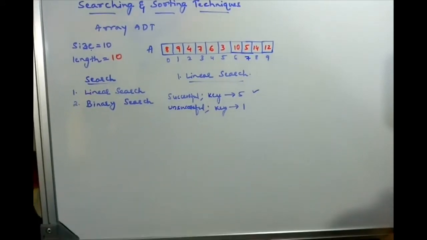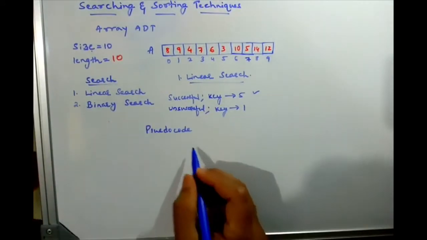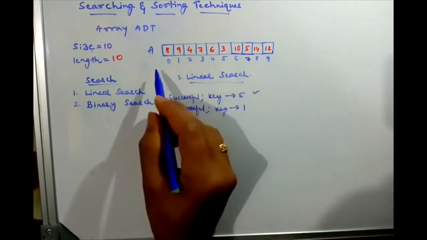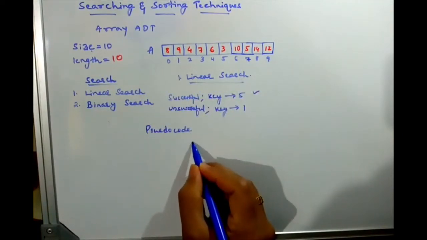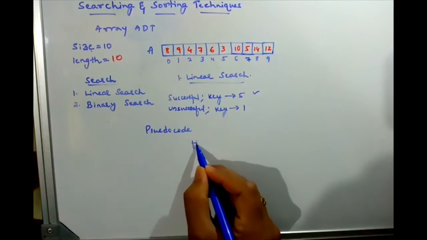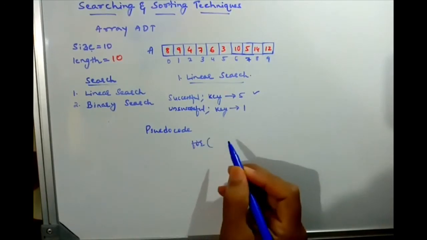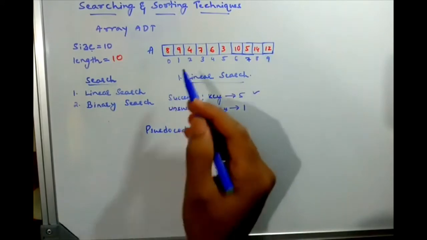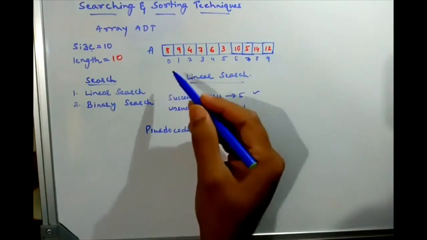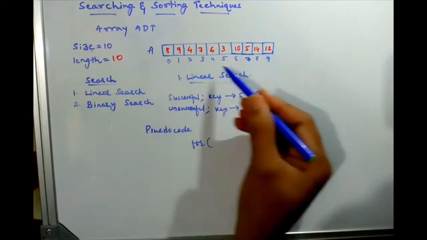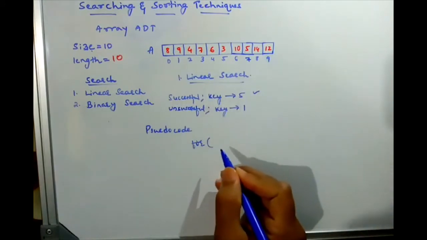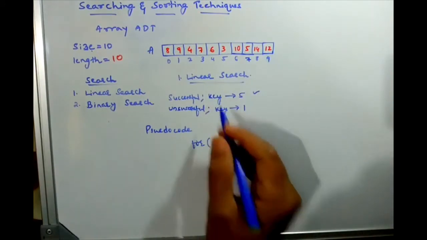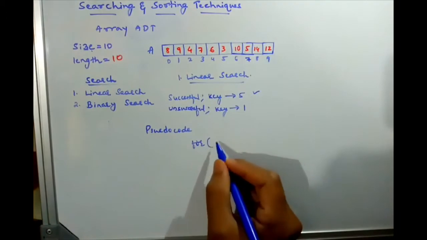So we'll write a pseudo code for this. Since the length is finite and we know the length, we'll use the for loop. If we don't know the length and we are trying to increment and check element by element, then we would have used a while loop. Since we know the length, we are using a for loop.